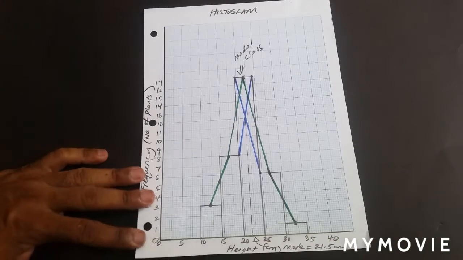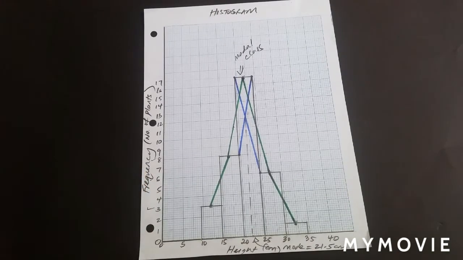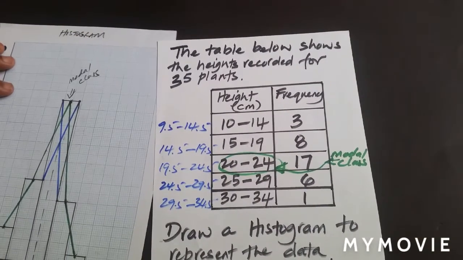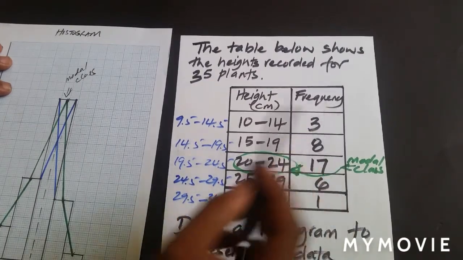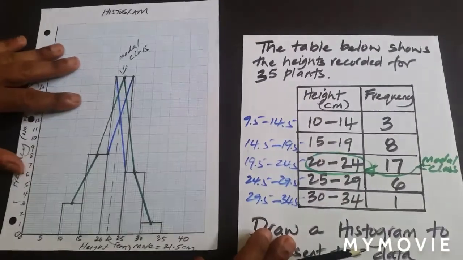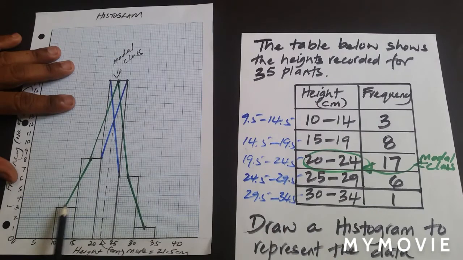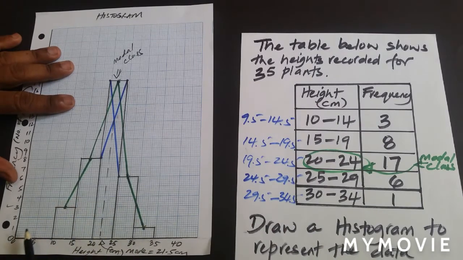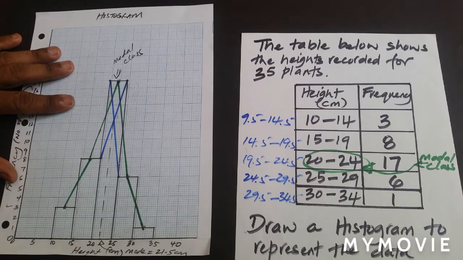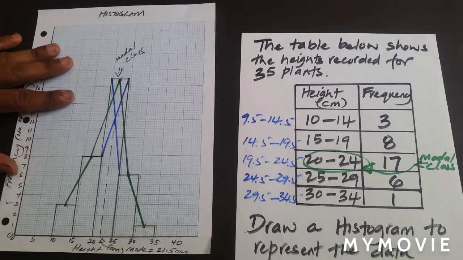And this is what we do now to determine where it touches the horizontal axis. Very, very simple. So I'm going to come back to here. Remember, we're plotting cumulative frequency against the class boundaries to get this. Now, in order to get the frequency polygon to touch the horizontal axis, we're going to generate two imaginary classes.